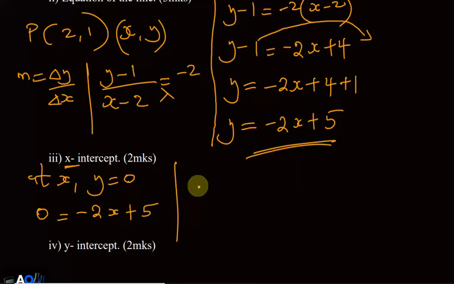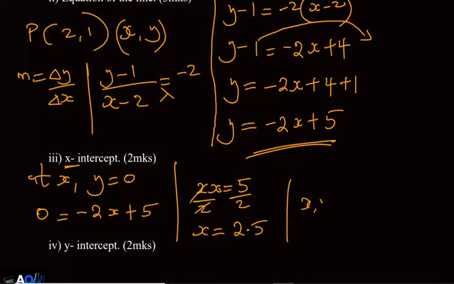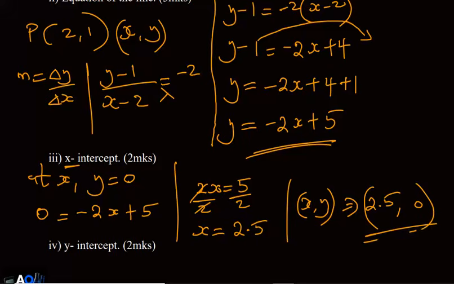It will be positive, so 2x equals 5. To get x, we divide both sides by 2. Therefore, x will be 5 divided by 2, which is 2.5. Therefore, the coordinates (x, y) will be x is 2.5 while y is 0. These are the coordinates.